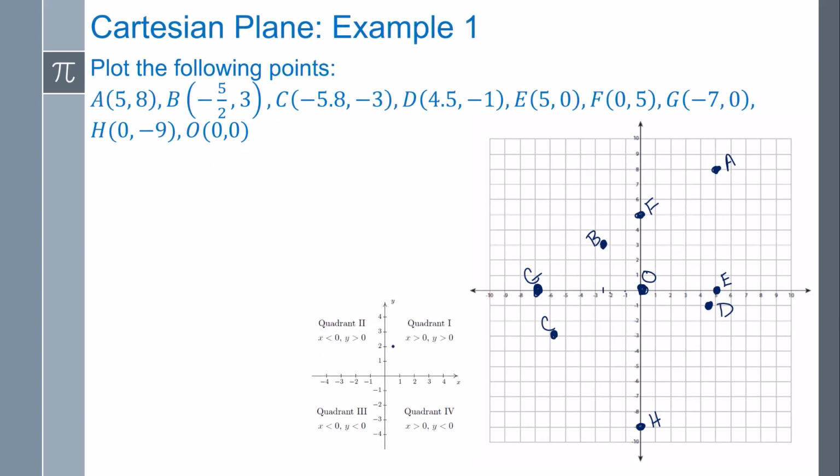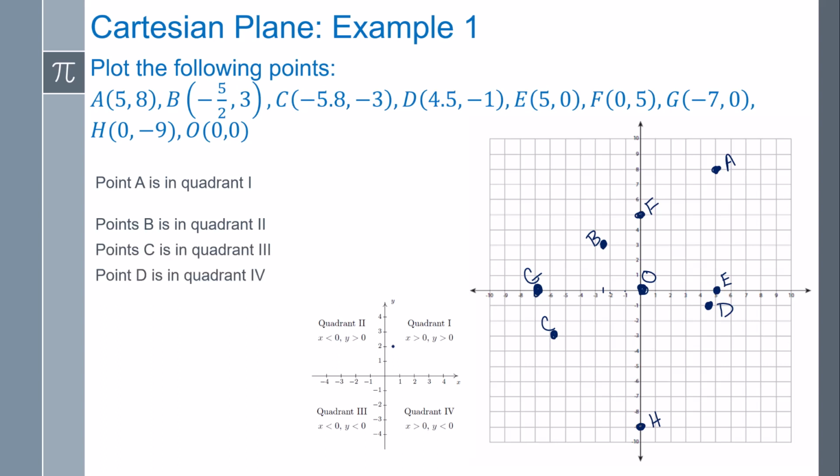And so if I wanted to state what the quadrants are, I could say point A is in quadrant 1, point B is in quadrant 2, point C is in quadrant 3, and point D is in quadrant 4. Now, I know you're thinking, well, what about the values on the axes? You would just name it saying that it's on the axes.